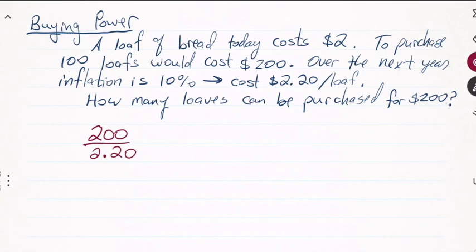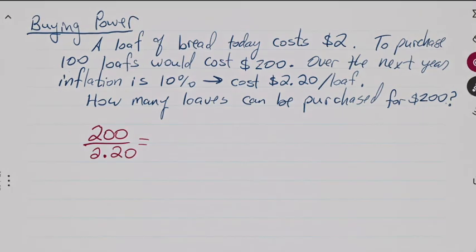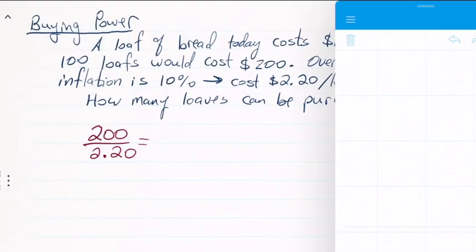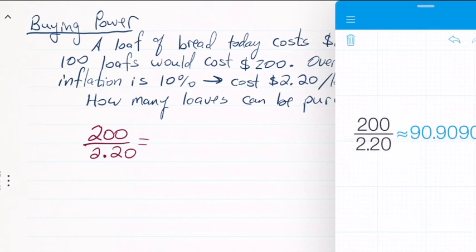If we did that earlier, it would have been 200 divided by 2, which is 100 loaves of bread. So 200 divided by $2.20 per loaf. So now we can only buy around 91 loaves.